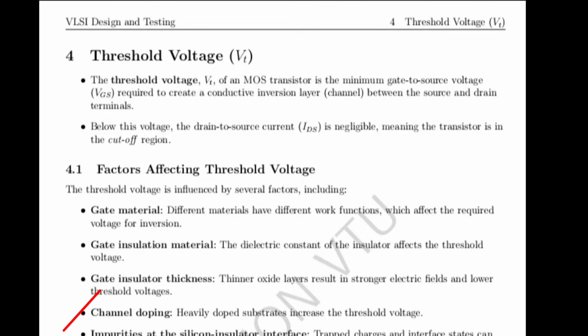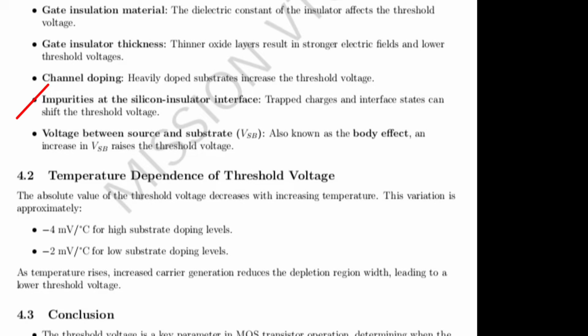Then channel doping. A heavily doped substrate will increase the threshold voltage. Next is impurities at the silicon insulator interface. Trapped charges and interface states can shift the threshold voltage.